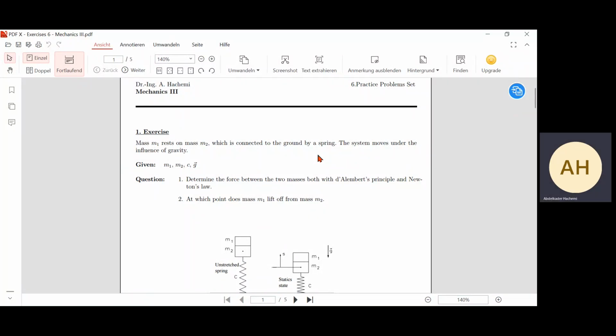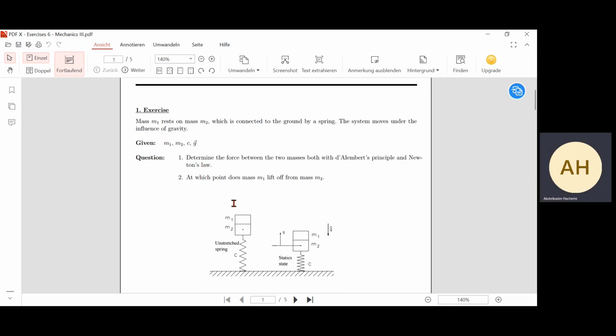Hello, everyone. I will continue with the exercises. Now we are in practice problem set 6, and today I will do exercises 1 and 2.